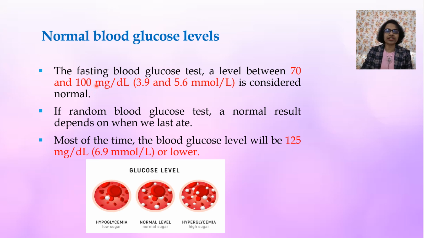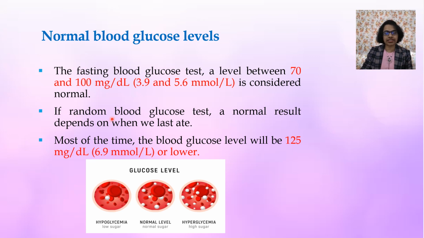Fasting means the patient has not eaten anything since the morning. In that condition we monitor the blood glucose level, which is the fasting blood glucose level, with a range between 70 and 100 milligram per deciliter.